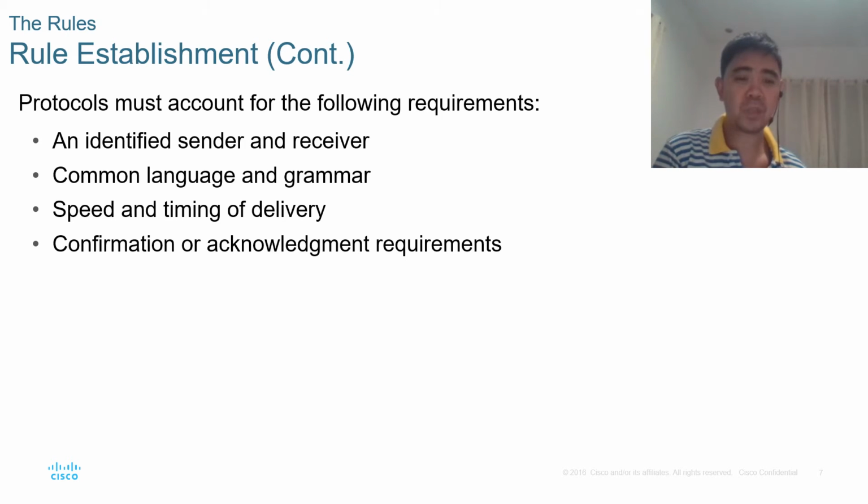There are persons that talk too fast. There are persons that talk too slow, right? Same thing in computer network. There's also speed and timing of delivery of the message. And then there's confirmation or acknowledgement. Just like with us, sometimes when we relay a message, there are errors encountered, right? If we feel that the message has errors or mistakes or it is not clear, we usually ask the sender to repeat it, right?